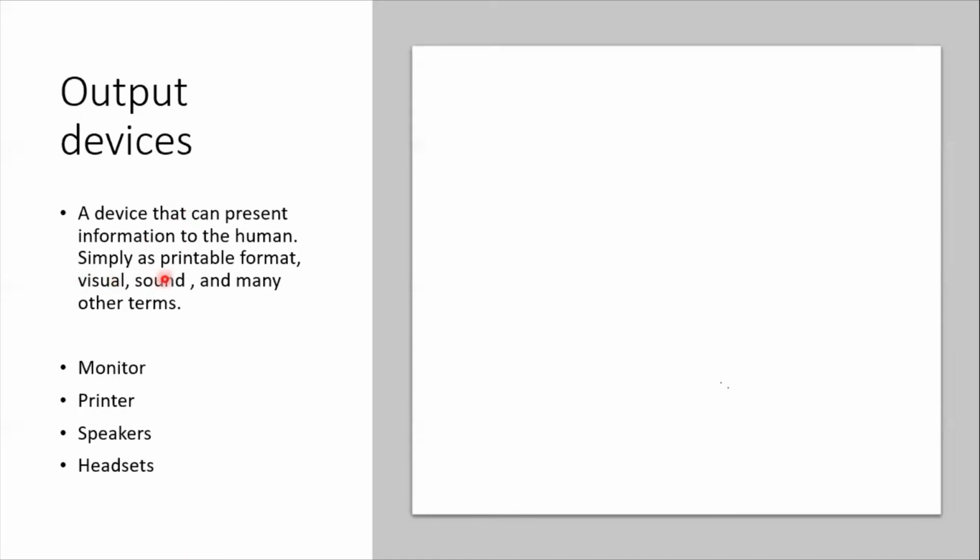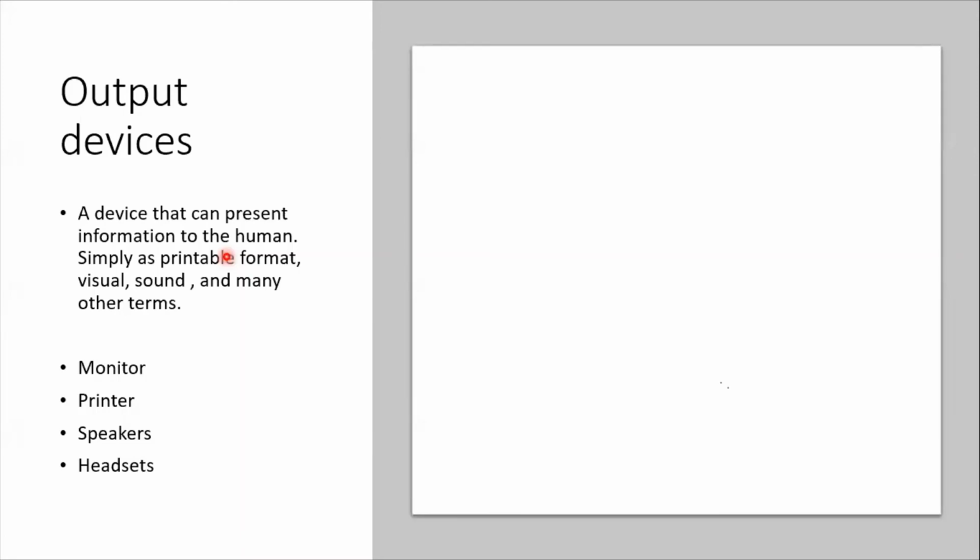These output mechanisms can be visual, sound, any printable format, or some other sense. There are five senses for us. Some sense should identify the output. Otherwise, there are some output devices that provide input to another device.